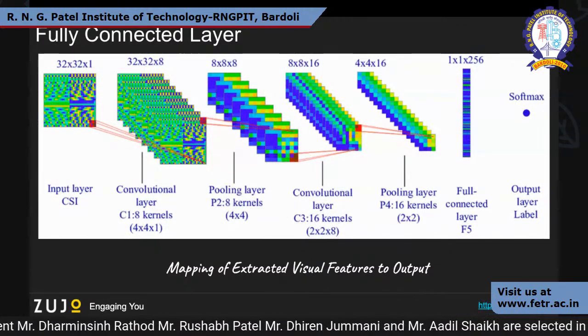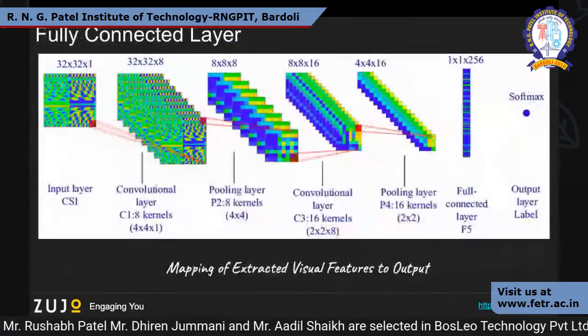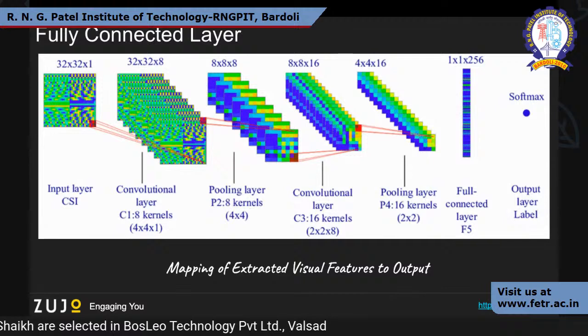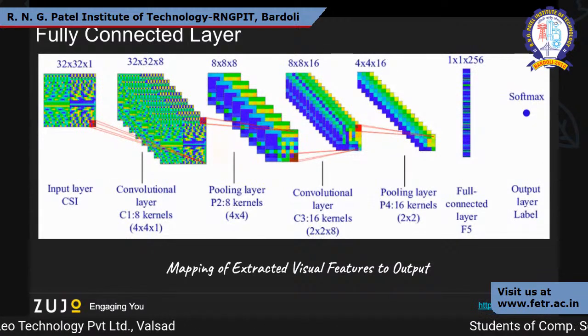Okay, let's move further to understand. As you can see in this diagram, there is a convolution layer 4 into 4 into 1.